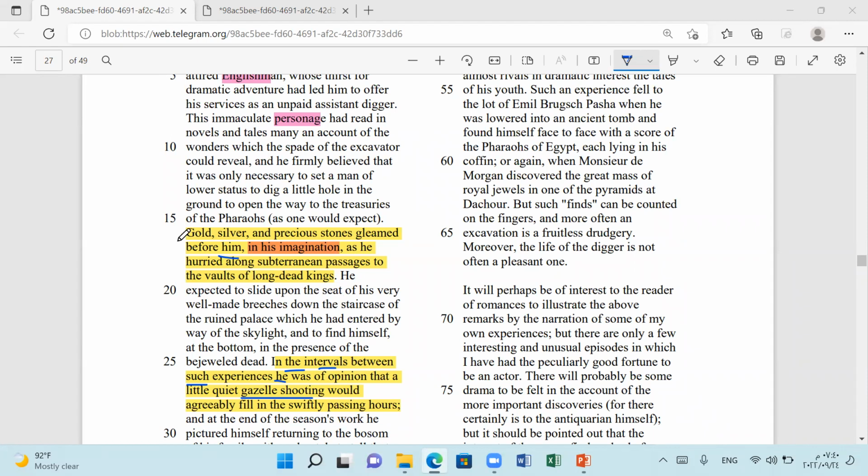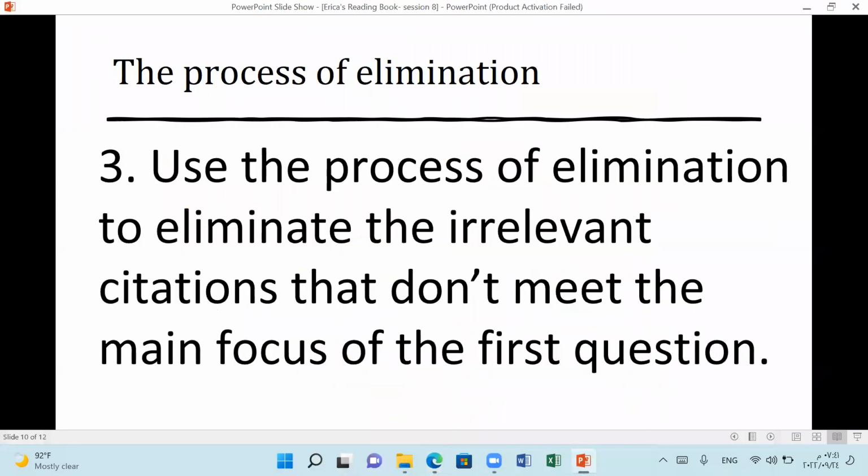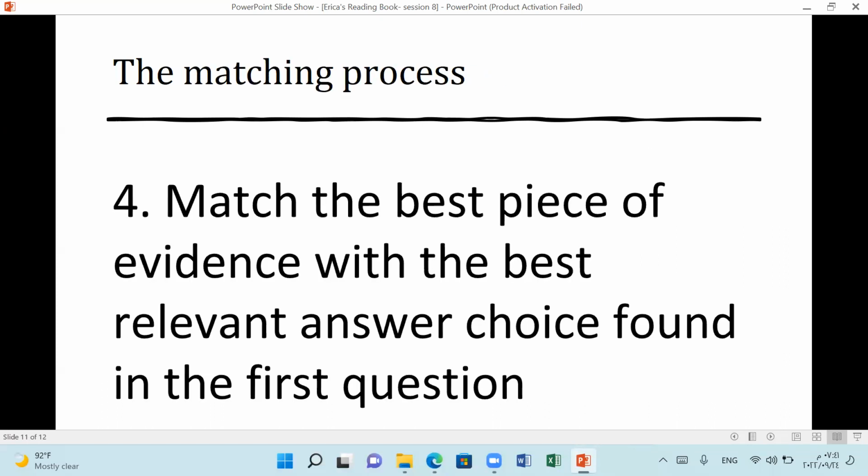Now I'm stuck among all of them. So let's see the next step. What shall I do? Use the process of elimination to eliminate the irrelevant citations that do not meet the main focus of the first question. In case you fail to do that, here comes the matching process, and this is the most important part.